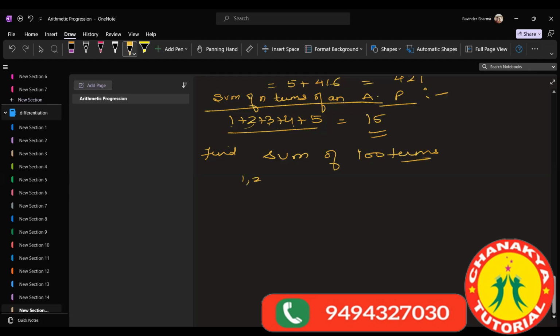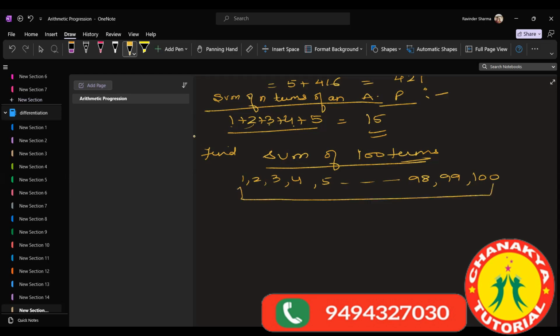Sum of 100 terms. So 1, 2, 3, 4, 5, up to 98, 99, 100 you can write. So we can make a pair also. 100 plus 1 will be 101, beta.